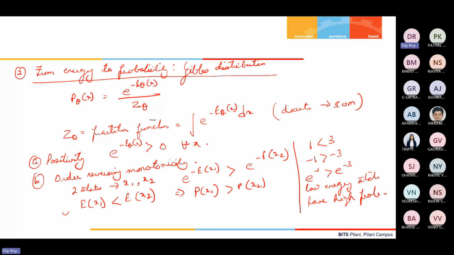So the first reason we have used the exponential is because of that thing that we talked about, positivity. The second reason is that, not only the exponential, but e to the power minus theta x, the functional form that we are taking, is because to get this particular property, which is basically the order reversing monotonicity, so that a low energy state equals high probability and a high energy state equals low probability.